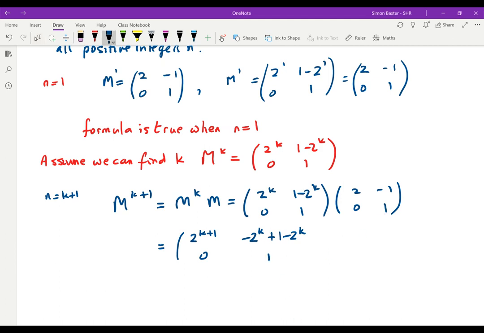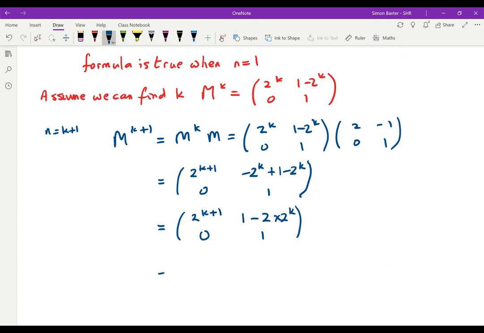It doesn't take much to sort this out. We have 2 to the k plus 1, which is what we want. We have 1 minus 2 times 2 to the k, 0, 1. And that, without too much difficulty, is 2 to the k plus 1, 1 minus 2 to the k plus 1, 0, 1, which is exactly what we would get if we put k plus 1 instead of n.